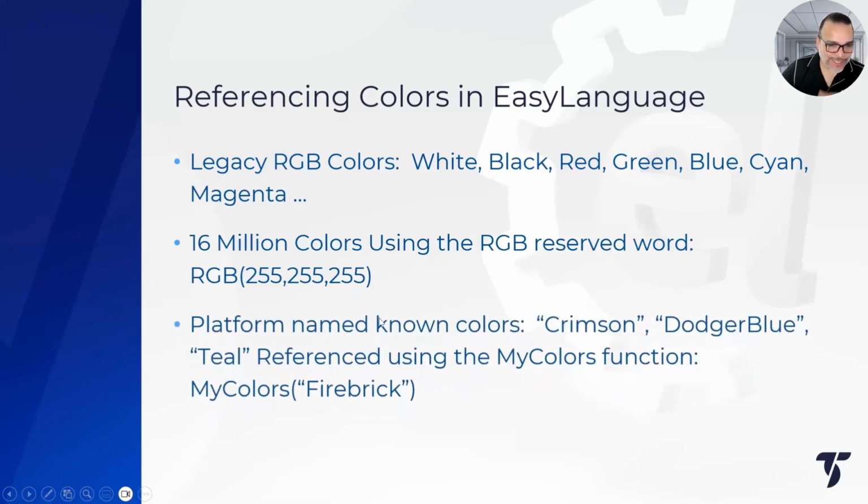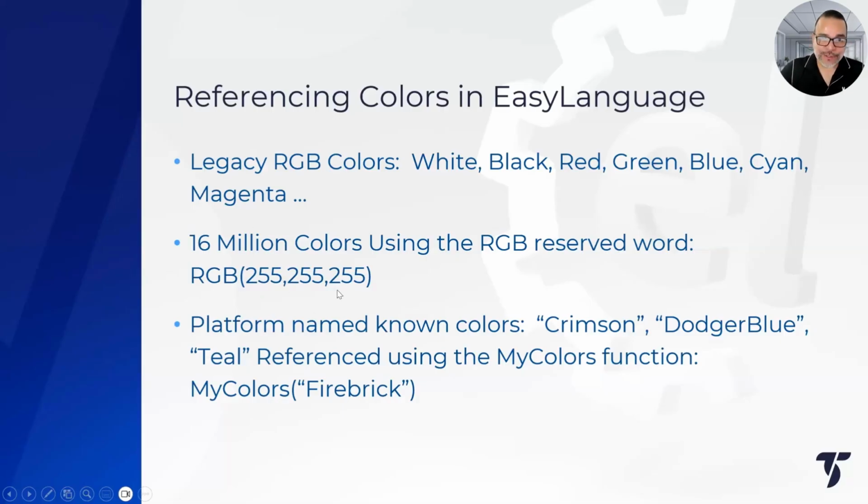In addition to that, you can also use names of certain colors with the function myColors. Notice that there's a color called Firebrick that you have to specify as a name inside quotations inside the function myColors. So there are different ways in which you can access all the different colors in the palette. How do we get to 16 million? If you multiply 255 times 255, you get 16 million different variations of colors.